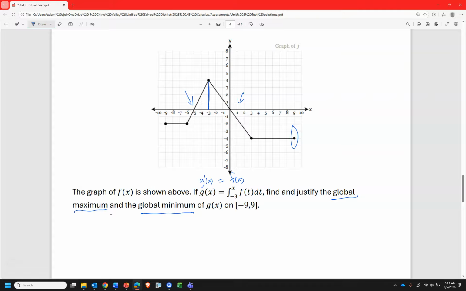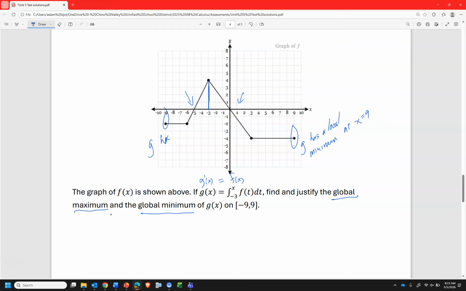and so g has a local minimum at x equals 9. And also, because, let's see, from -9 to -5, g is decreasing.